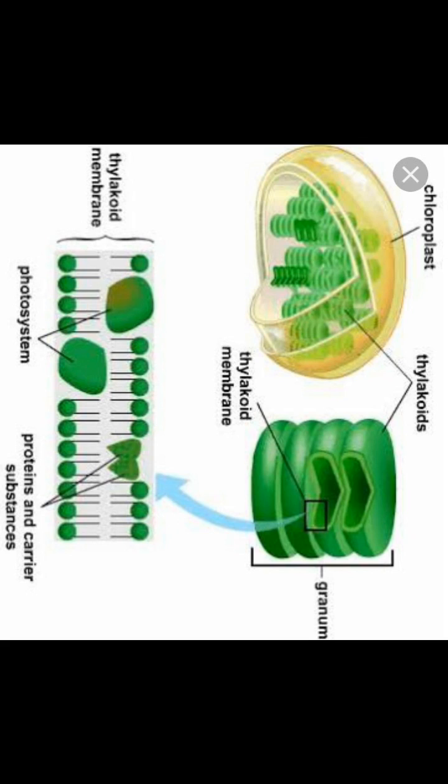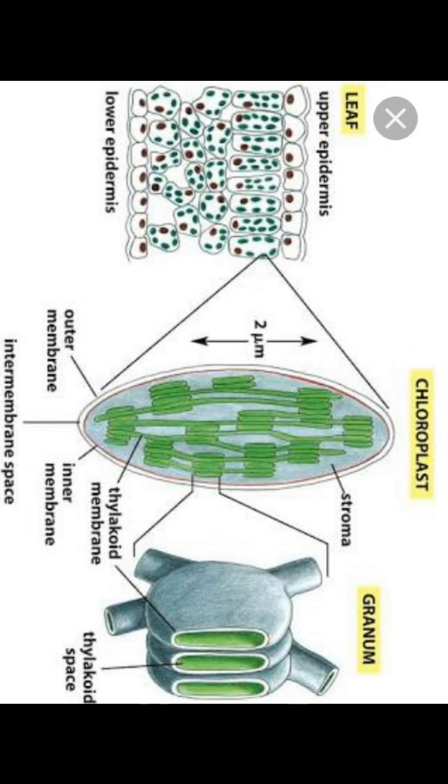Understand? Next, one more point regarding the structure of chloroplast. In addition, there are flat membranous tubules called the stroma lamella. You can see stroma lamella in this diagram very clearly. So one granum is joining with another granum with the help of membranous tubular structures.